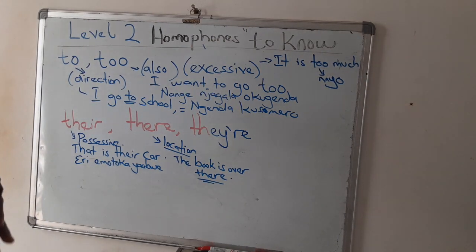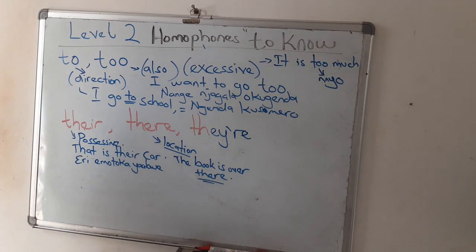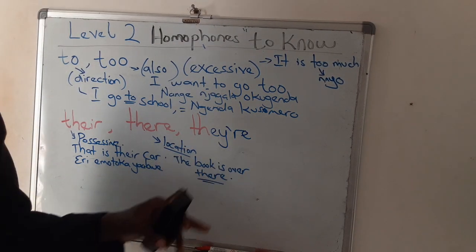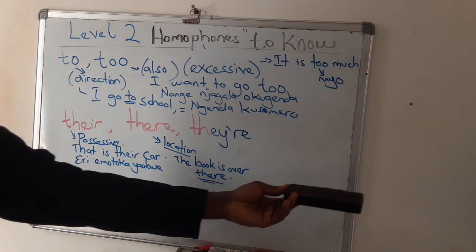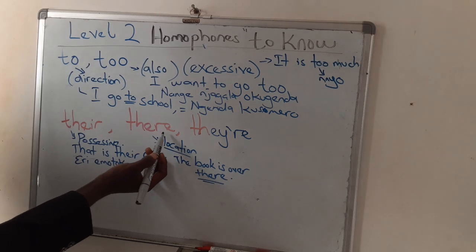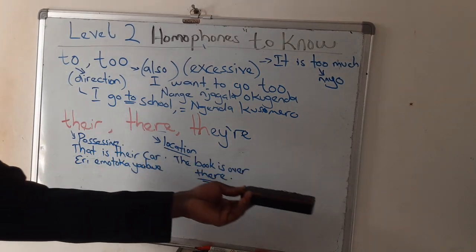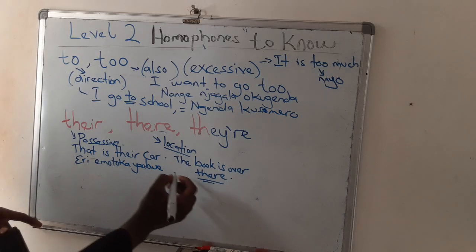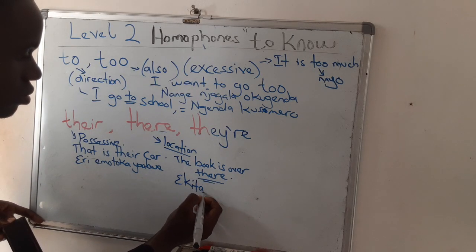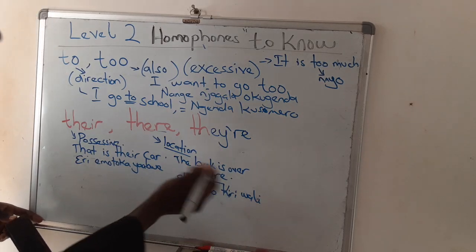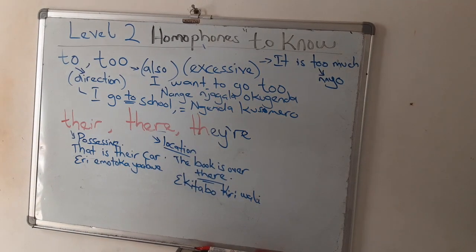You show the place where something is. It indicates location, position of something. For example, when I place this duster over there, I'm going to say the duster is over there. Are we together? So you use this there to indicate location or position of something. The book is over there. Ekitabo kiri wali.